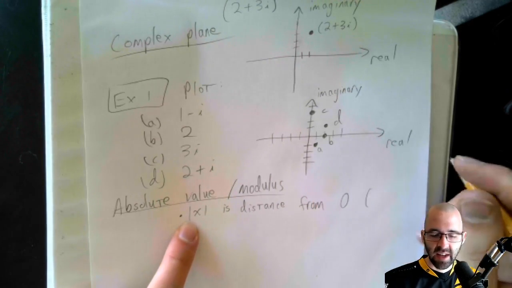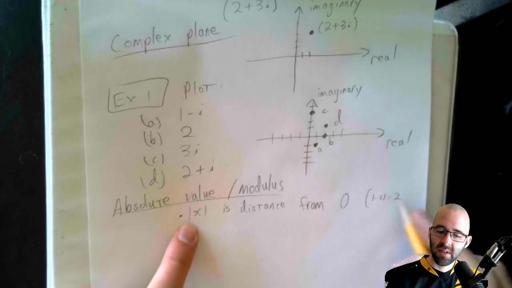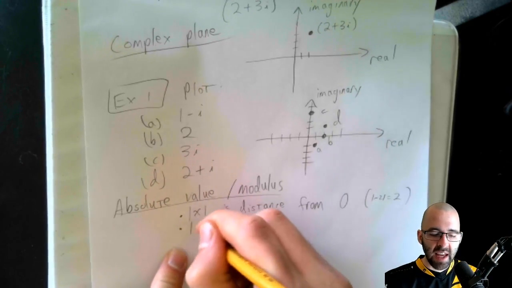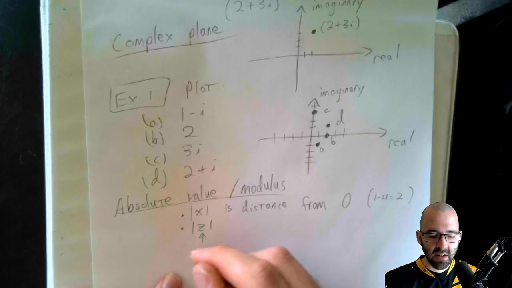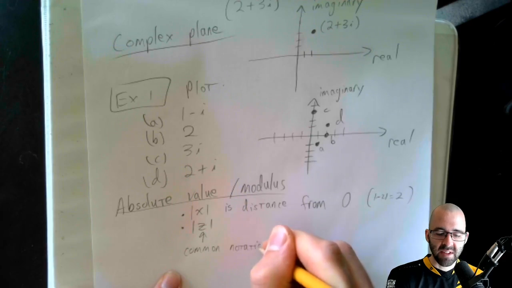So the absolute value of -2 is 2 units away from 0. Similarly, the absolute value of a complex number, by the way, z, is very common for complex numbers.